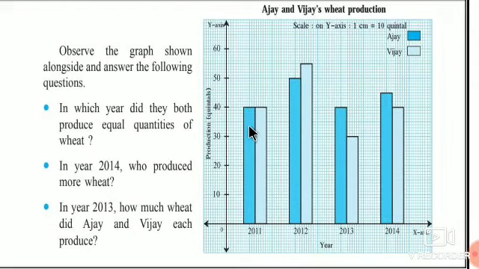Here, the dark blue bar shows the wheat production of Ajay and the faint blue bars show the wheat production of Vijay. So this is called the joint bar graph because these two bars are joined to each other.